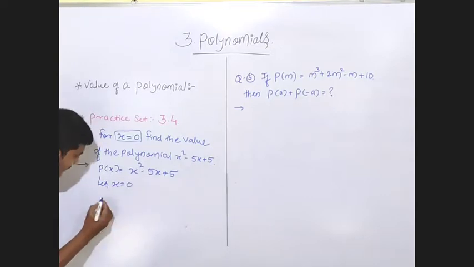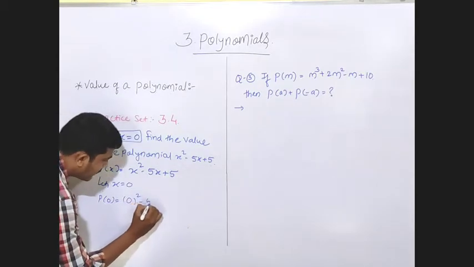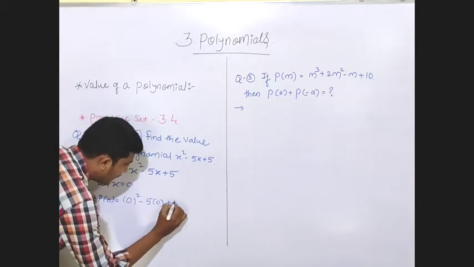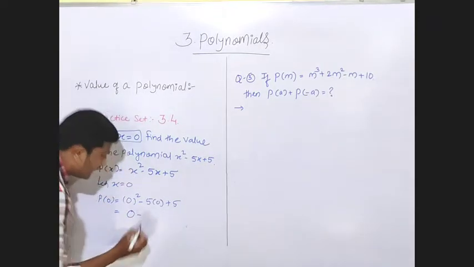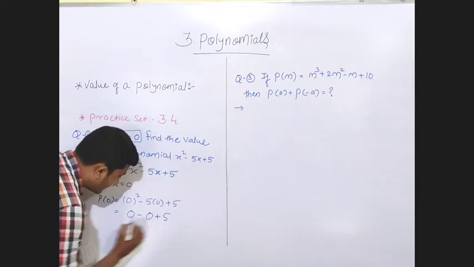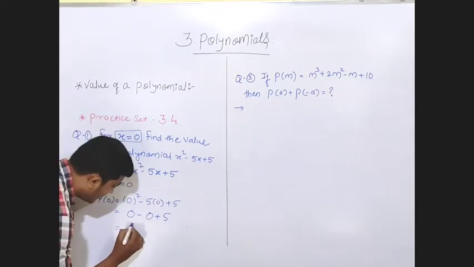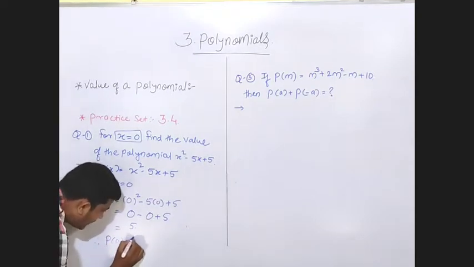What we get here is p of 0 equal to 0 square minus 5 into 0 plus 5. Now 0 square is simply 0, and 0 multiplied by any number is always 0, plus 5. So 0 minus 0 plus 5 is simply 5. Therefore, p of 0 equal to 5.